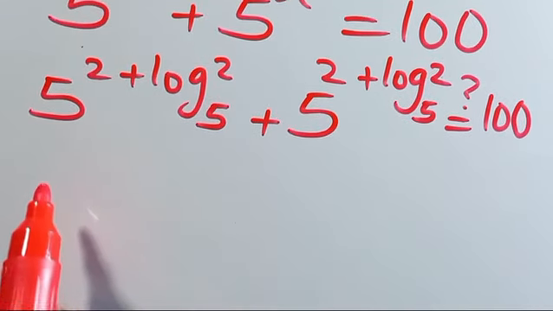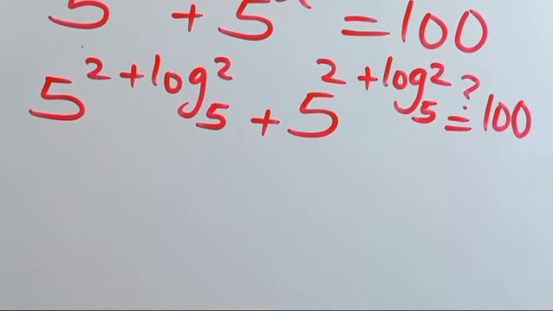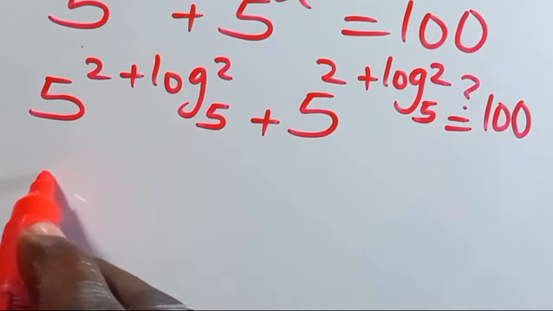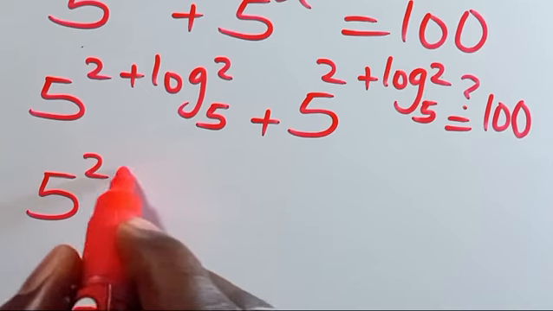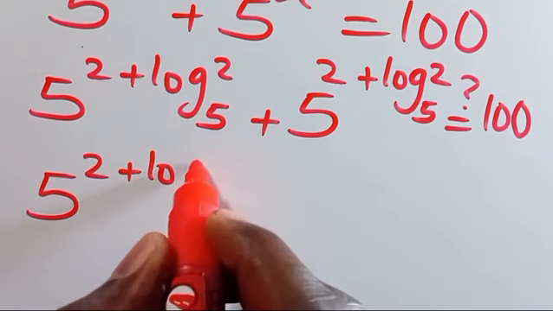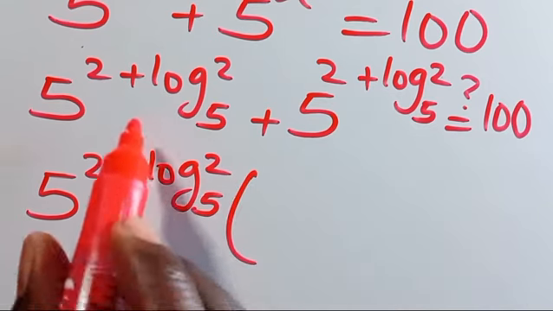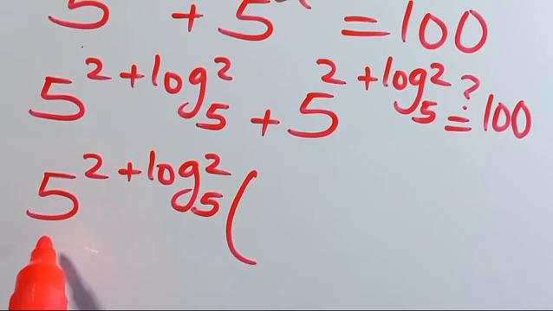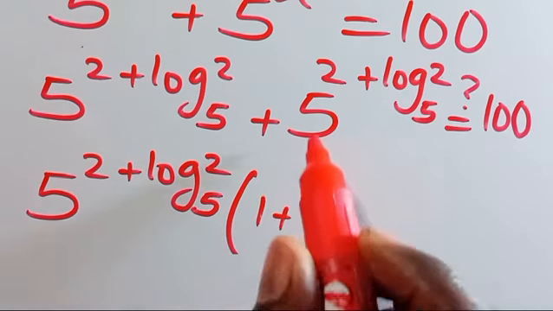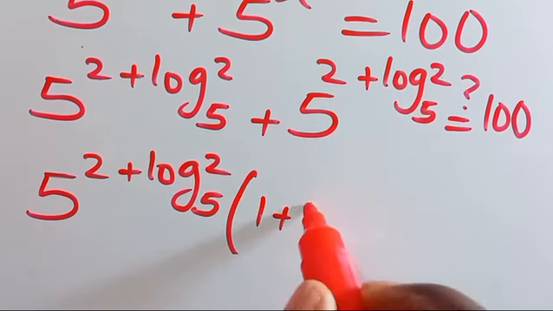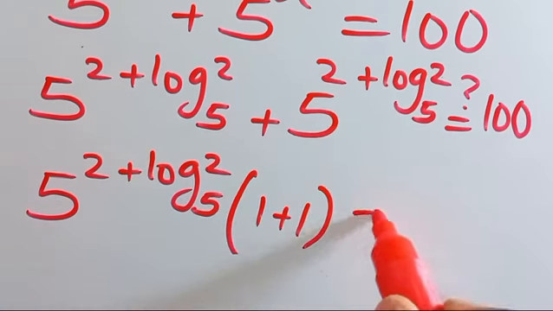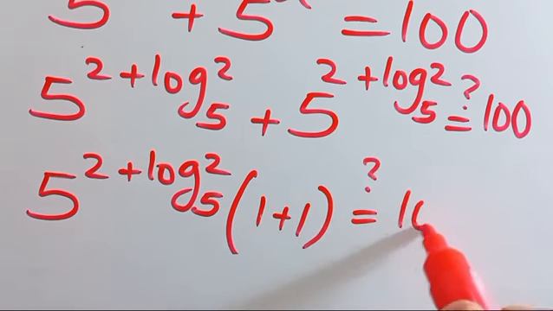Now, we have this repeated 2 times, so we can factor it out to be 5 to the power of 2 plus log 2 in base 5. Then the whole of this divided by this will be 1. So far they are the same. This also divided by this will be 1. Since they are the same, then it's going to give us 100.